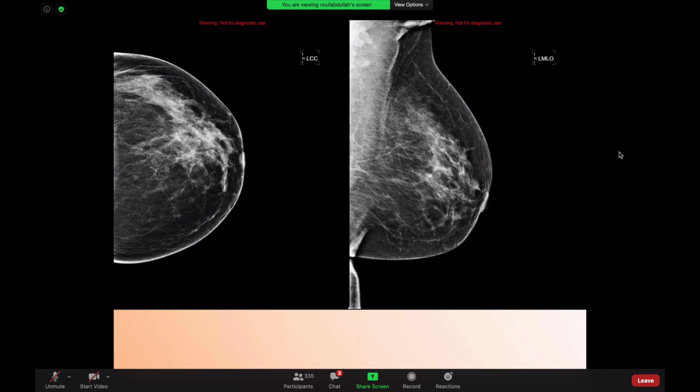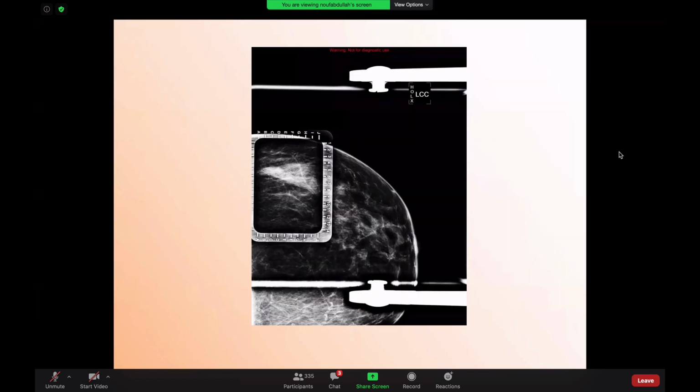So anything you cannot see a correlate for with the ultrasound, you use the stereotactic guided biopsy. Usually it is used for microcalcification.